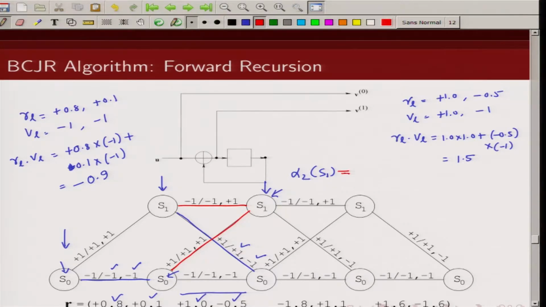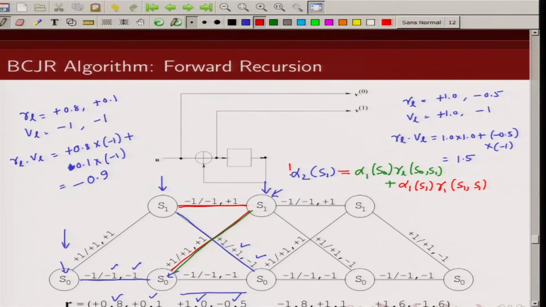So, there will be two terms in the alpha computation of this, one corresponding to this transition, which is given by alpha at time 1 S0 into gamma 1 S0 S1, plus there will be another term corresponding to this transition. This will be alpha 1 at state S1 times gamma 1 initial state S1 next state S1.